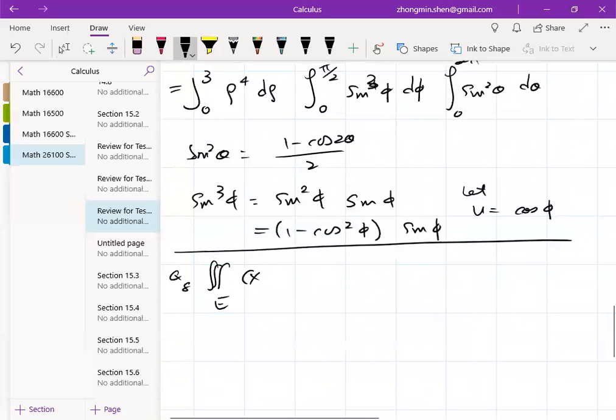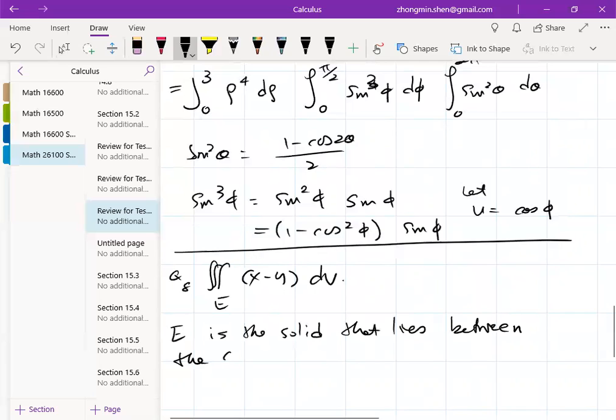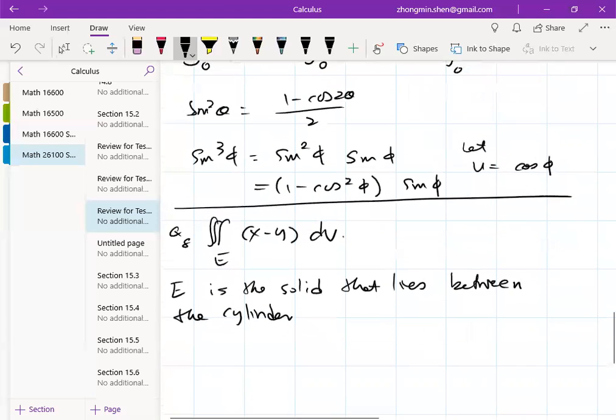This is the triple integral of dV, and E is a solid that lies between the cylinders x squared plus y squared equals 1 and x squared plus y squared equals 16.